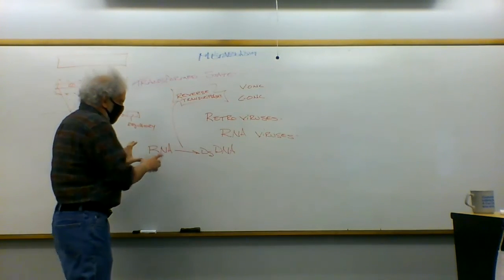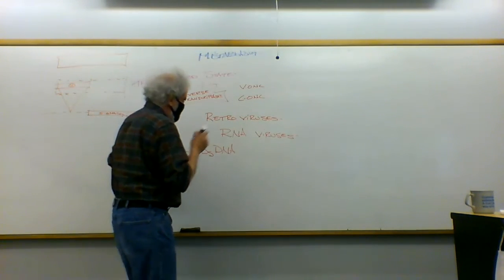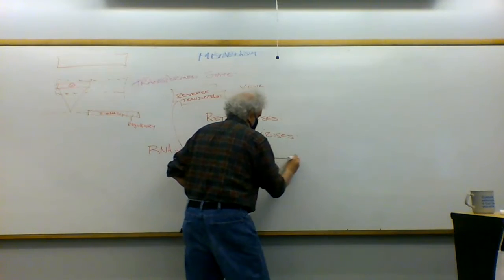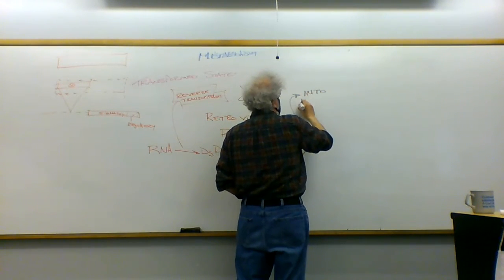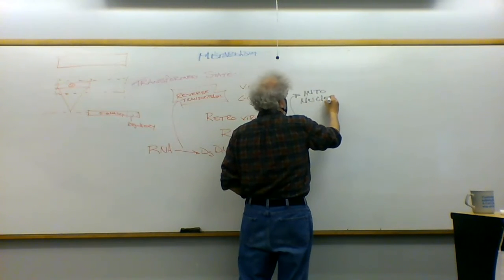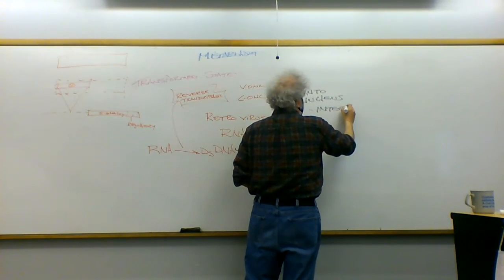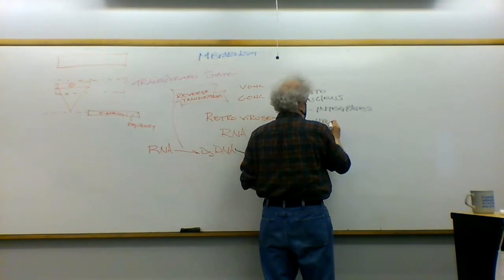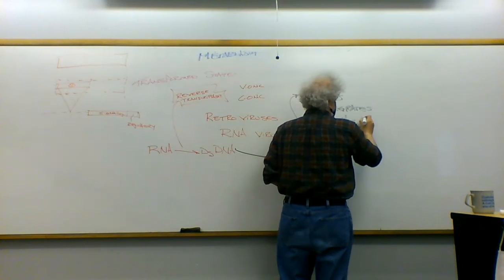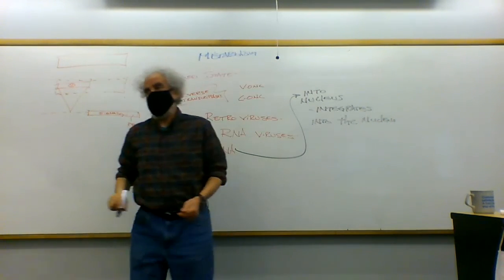That in turn turns the genome into DNA, and then this DNA makes its way, as all DNAs do, into the nucleus, and it integrates into the nucleus. At that point, it is you. It is part of you. You own it. And you can't get rid of it.